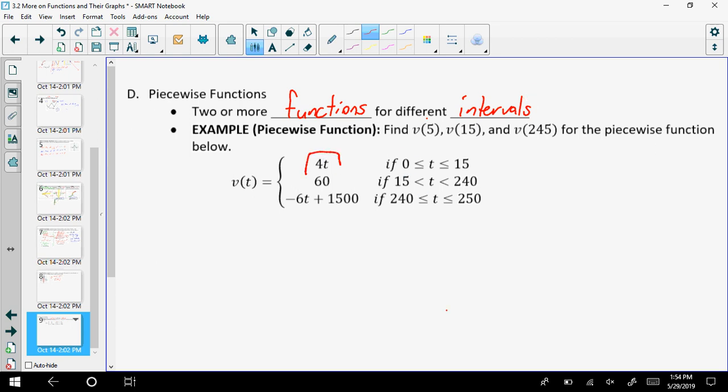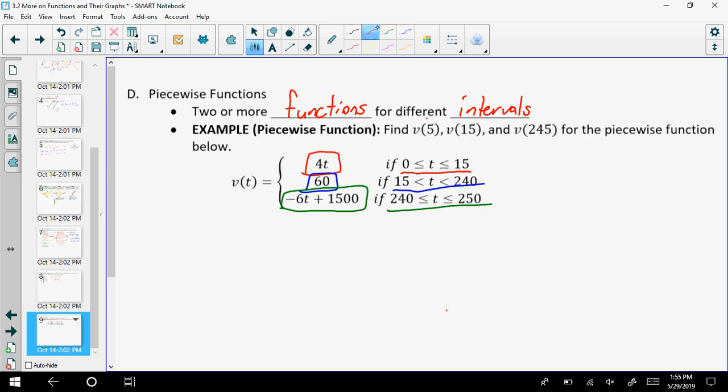So I would use the function 4 times t if my input is between 0 and 15. I would use the function 60 if my input is between 15 and 240. And I would use negative 6t plus 1500 if my input was between 240 and 250.